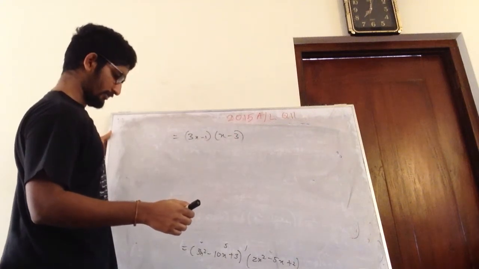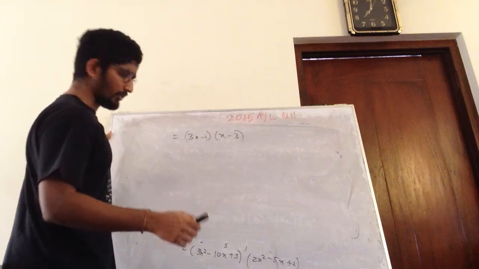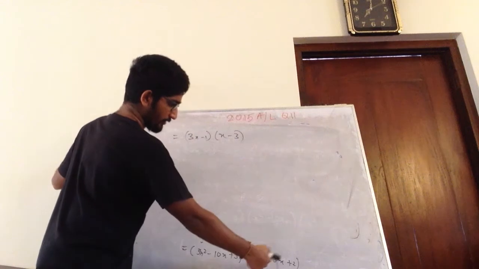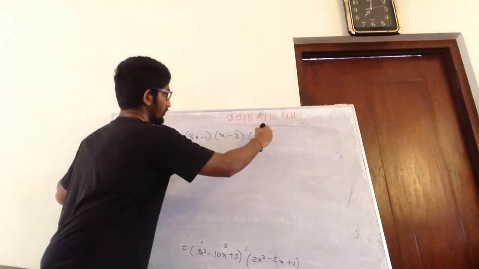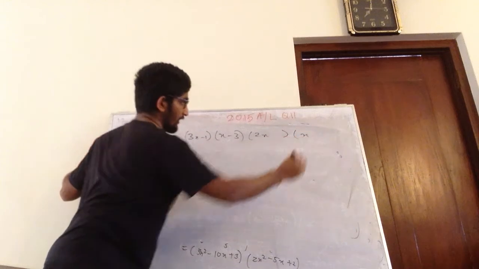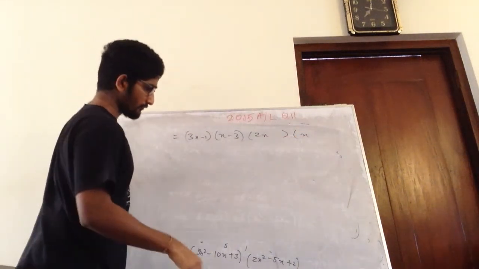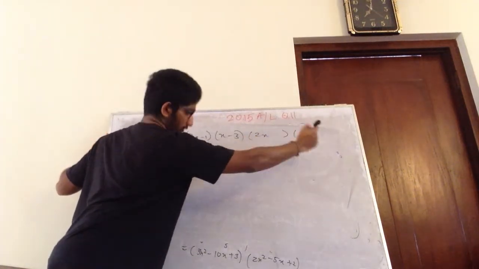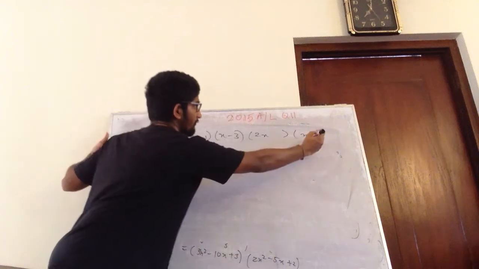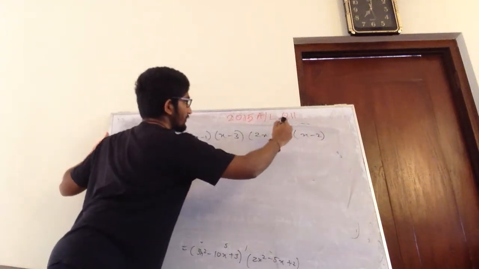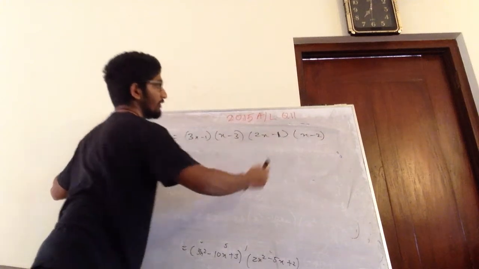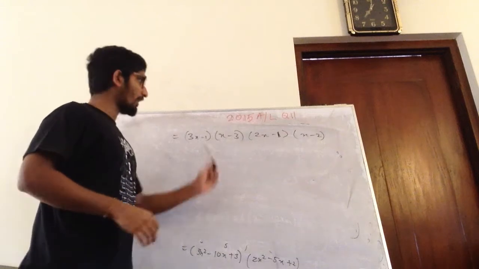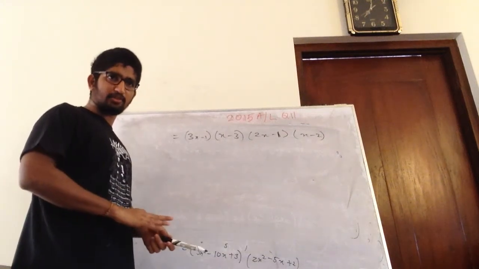Is it correct? Right. Then we can get here, 2 and 2 is 4, so (2x minus 1)(x minus 2).